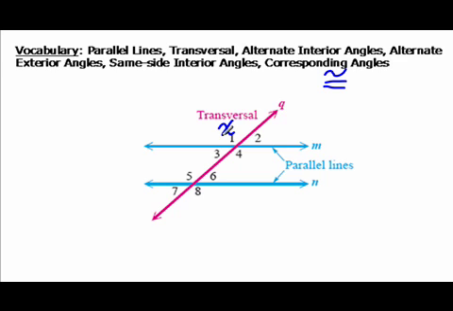Well, 1 and 4 are vertical angles, right? So 4 would have to be equal to x. x and angle 2 are supplementary. They form a straight line. So this would have to be 180 minus x. Therefore, this one is 180 minus x.